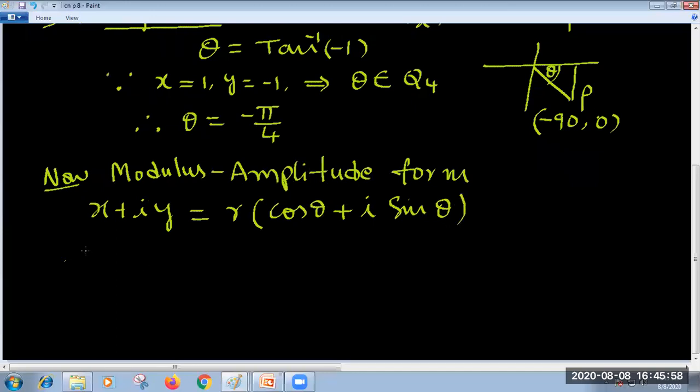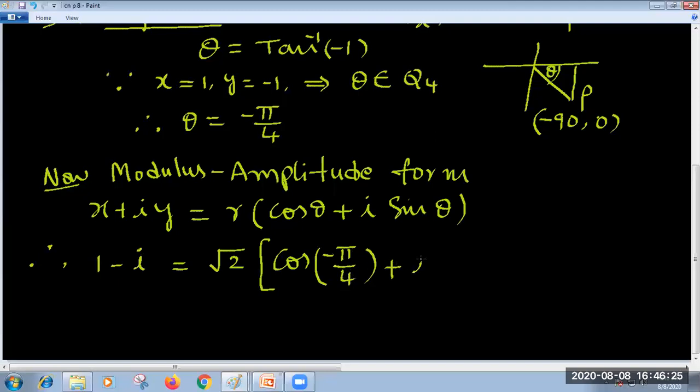Therefore, for this given complex number 1 minus i, the modulus amplitude form has r value root 2 and theta value minus pi by 4: root 2 into cos of minus pi by 4 plus i sin of minus pi by 4.